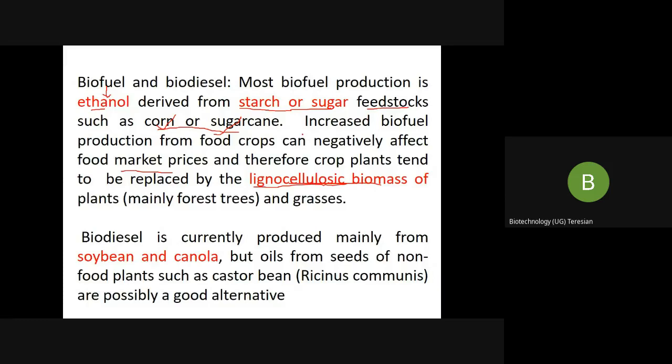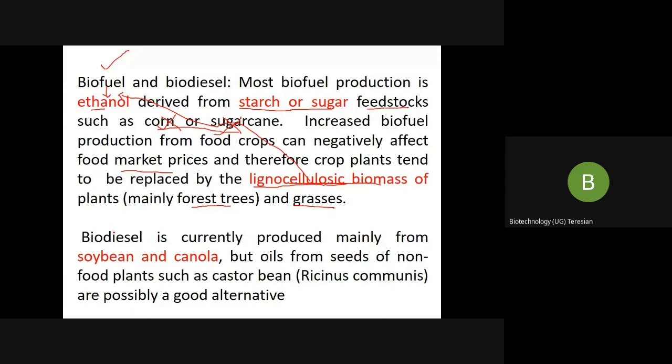Instead of starch and sugar, you use lignocellulosic biomass, mainly from the forest trees and grasses, because we don't consume these grasses or this forestry. So you take the lignocellulose from that and then you produce the ethanol instead of using corn and sugarcane, which is required for mankind. Thus you can produce the biofuel. This is a very attractive technique.